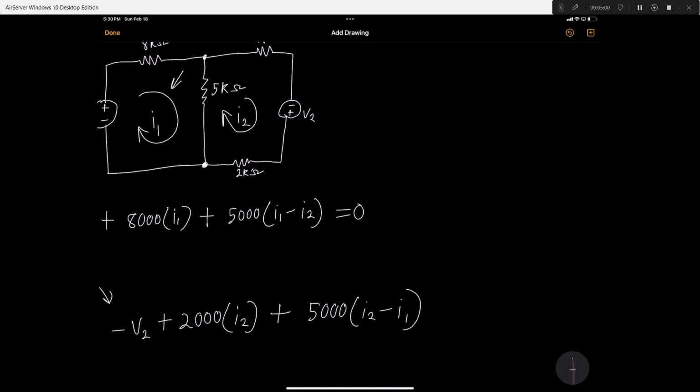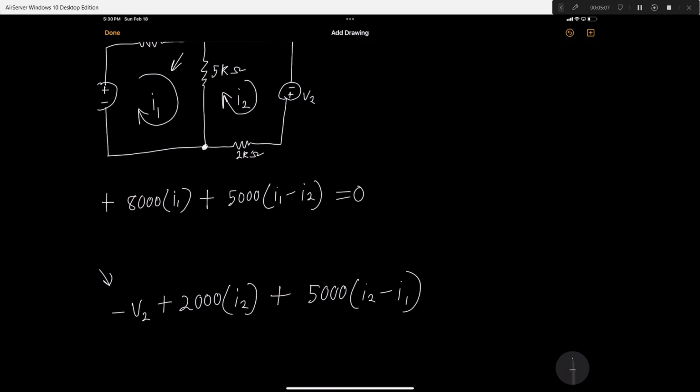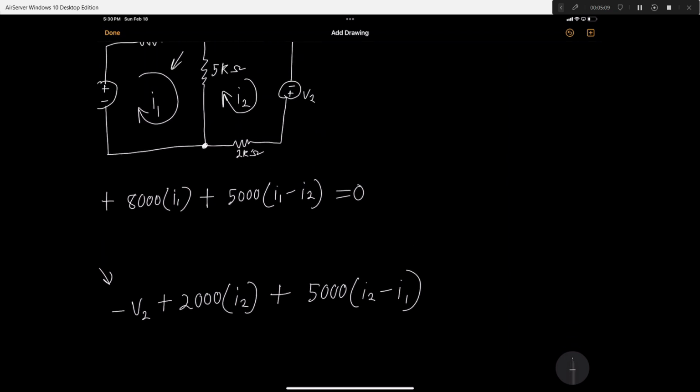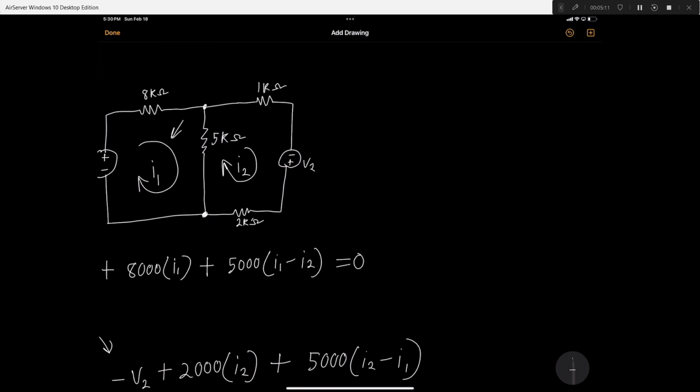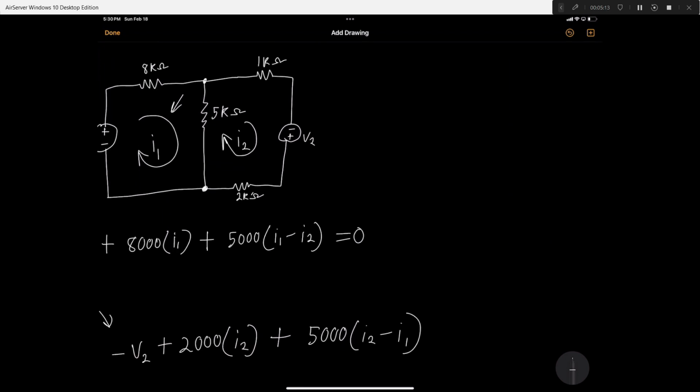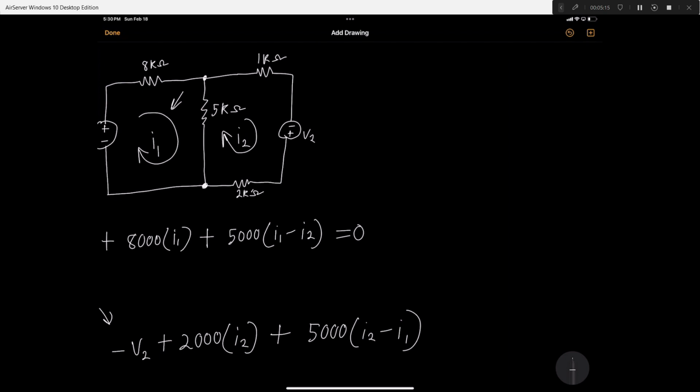Because we're doing it with I2 and the direction of this arrow is up, to get the current going up we have to do I2 minus I1. Then for the next one, we have the 1,000 ohm resistor up top, which is just 1,000 times I2.